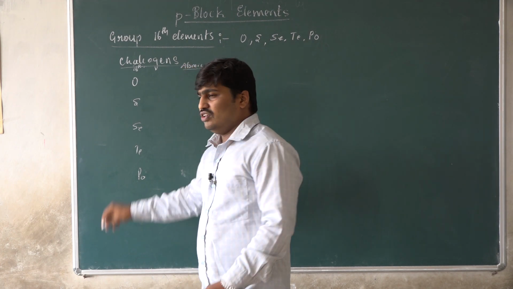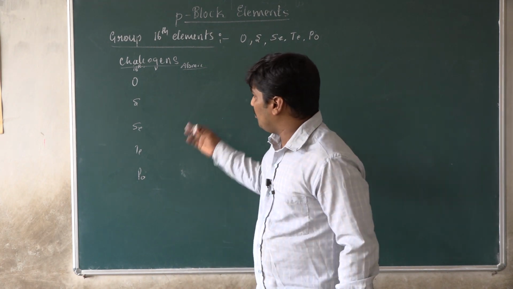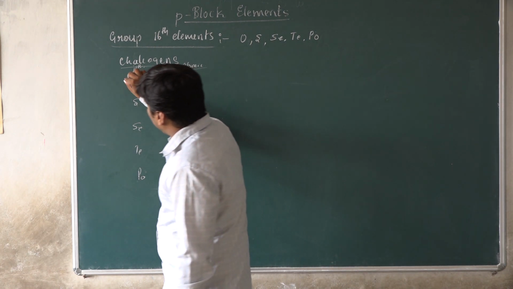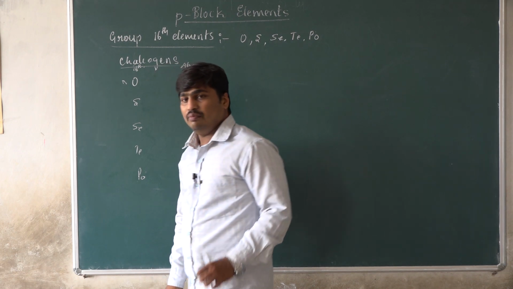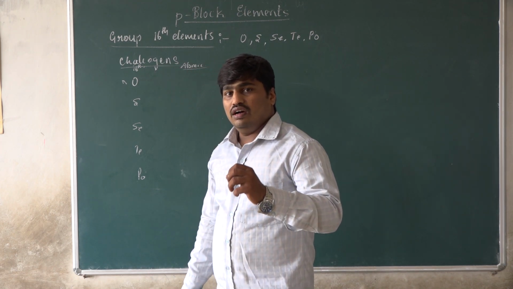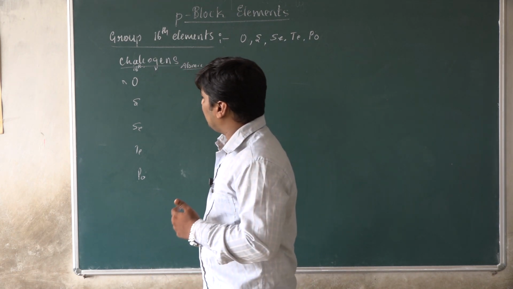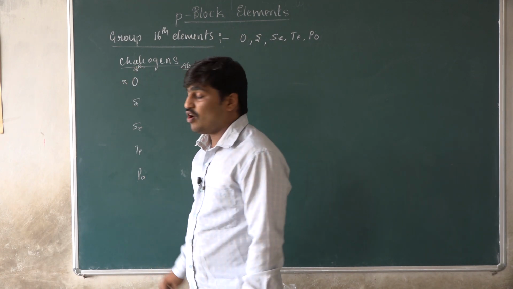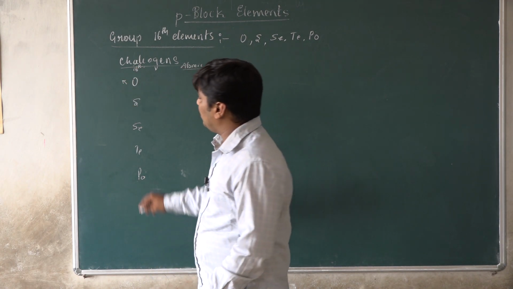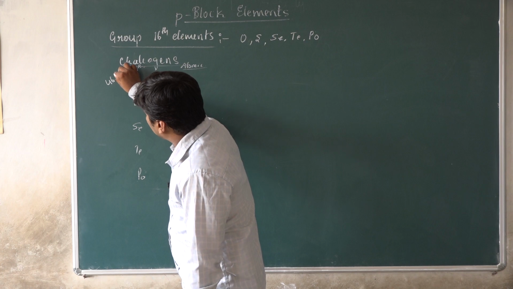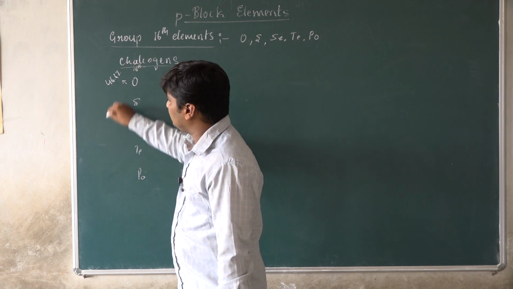Occurrence: you are well aware of the occurrence of these elements. Oxygen is the most abundant element in the earth crust. It exists in the form of oxides, more than 46.6% by mass.